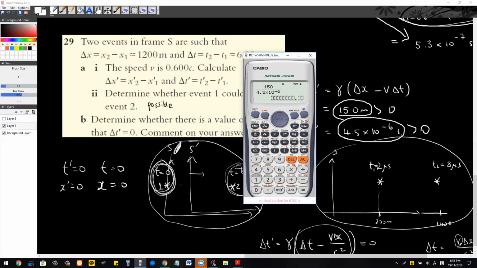You get... oh, it's actually a bit more. I thought it could work both ways. Maybe you can't do it. You can't determine the causality using the moving frame. You can only determine the causality using the stationary frame. Okay, so we'll just skip this one.